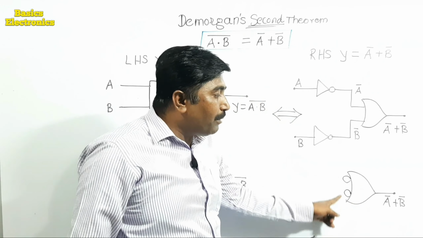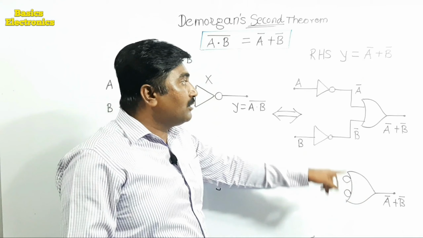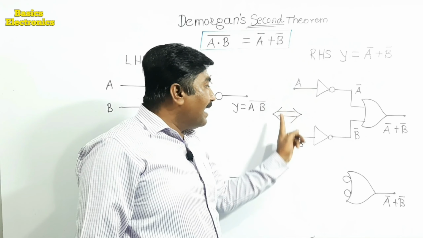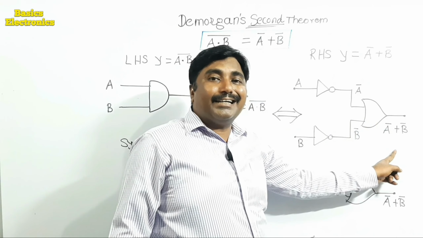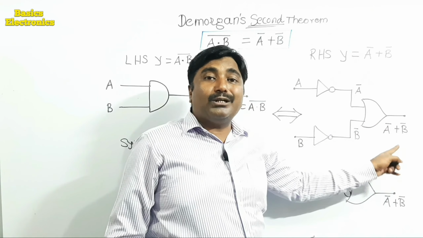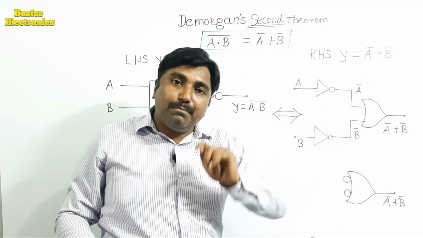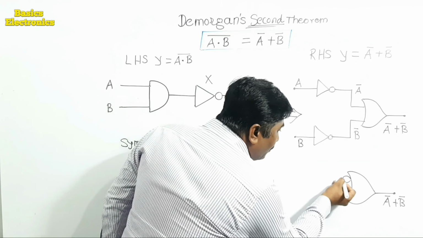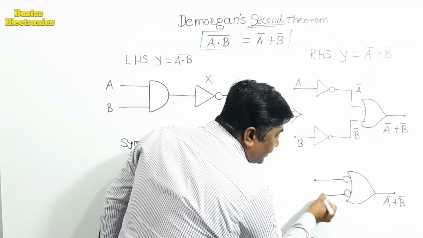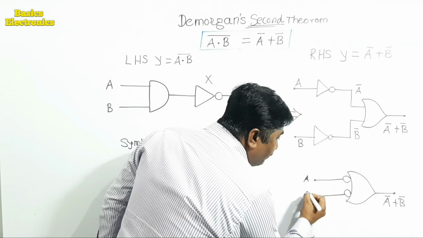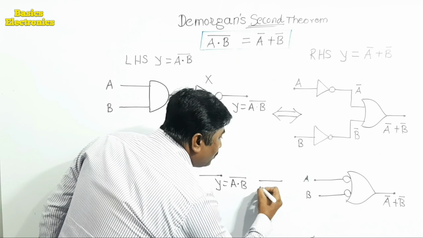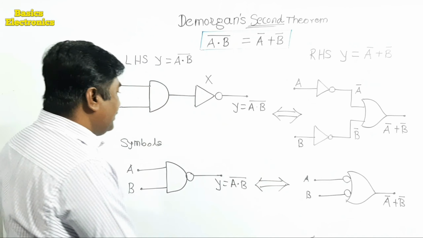We use the bubble at the input because we are applying the inputs A and B, but the output we get is A complement plus B complement. So A is applied to the NOT gate, but in the symbol we replace this NOT gate by using only the bubble. So we apply the bubbles, and the inputs are A and B. These two are equivalent to each other.